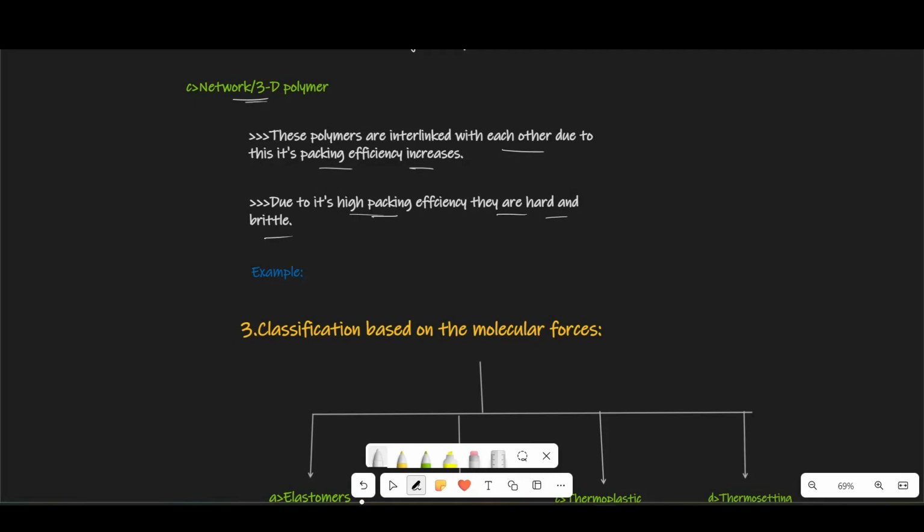Due to high packing efficiency, they are hard and brittle. The example for this polymer is bakelite, and generally this is used in electrical switches. I'll tell you the monomers for these particular polymers in my next video.